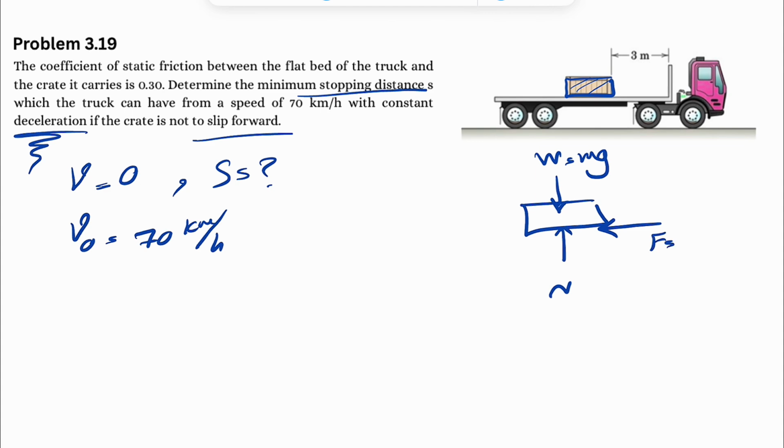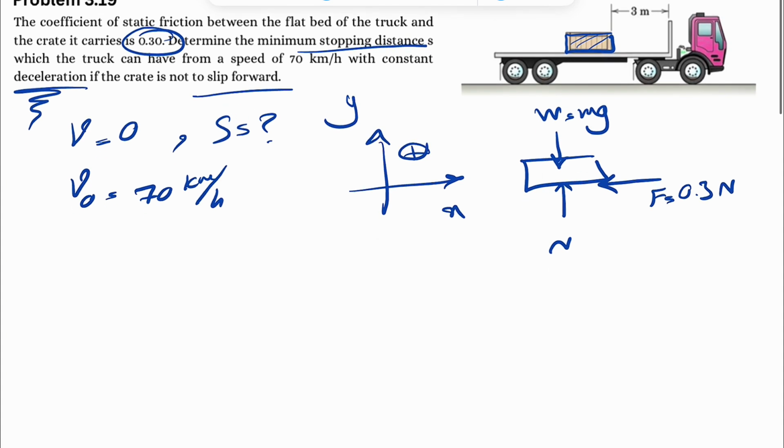Friction is the coefficient times the normal force, and the coefficient is known, so 0.3 times N. If we call our axes x and y, the sum of all forces in x equals mass times acceleration, by Newton's law.